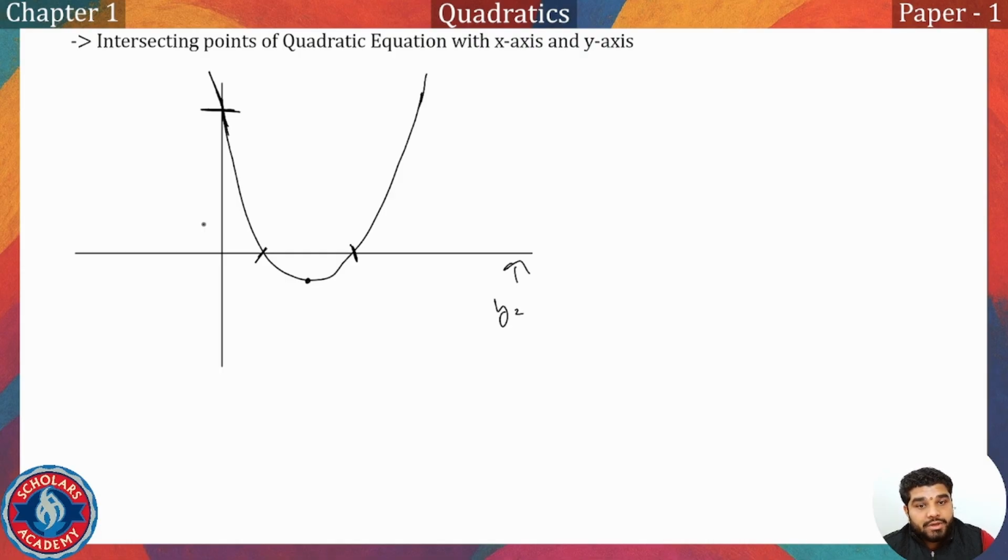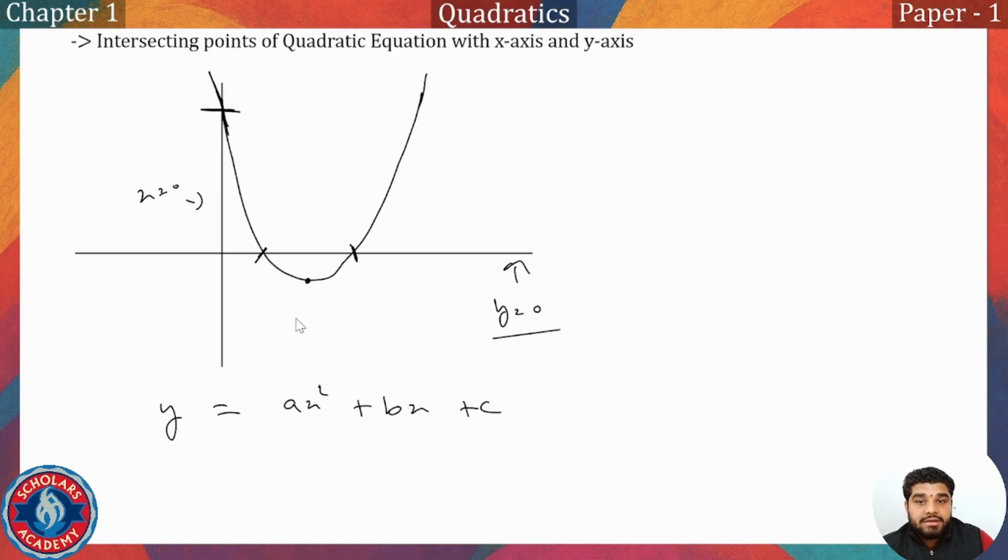So this means that the x-axis has equation y is equal to 0. The y-axis has equation x is equal to 0. So when I substitute these values in the given equation of the curve, I will get these 2 points which satisfy the given equation. So let us take the quadratic equation as ax square plus bx plus c, right?